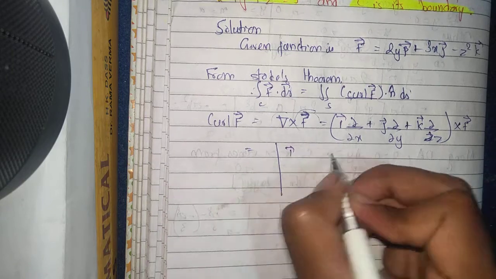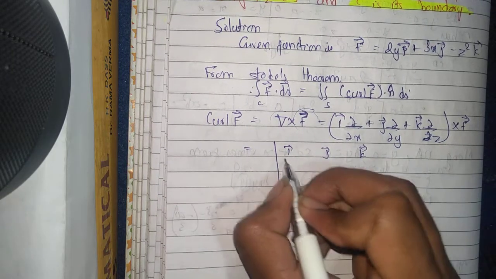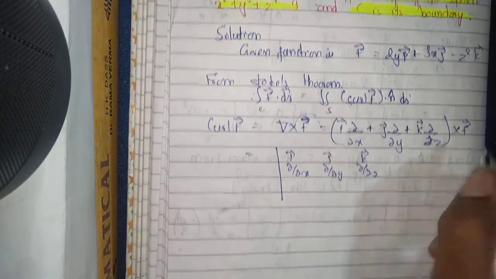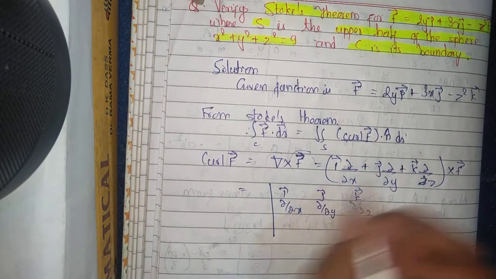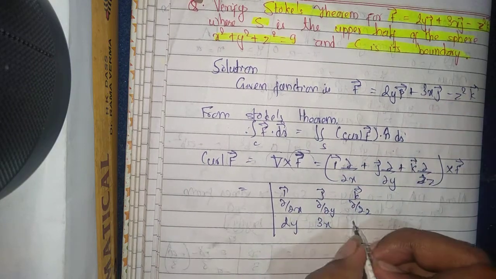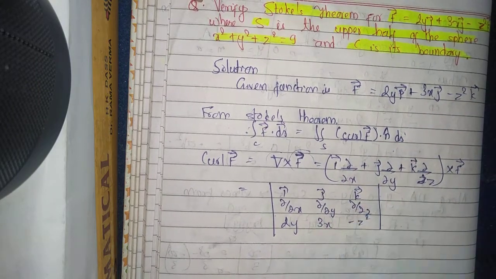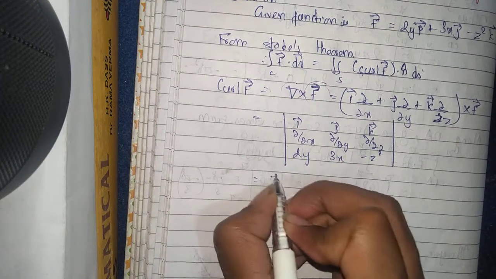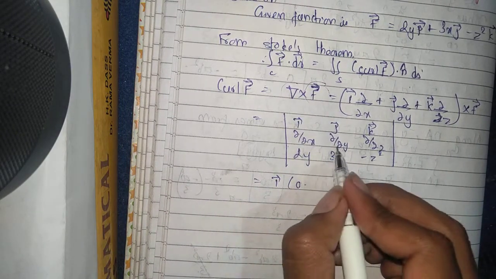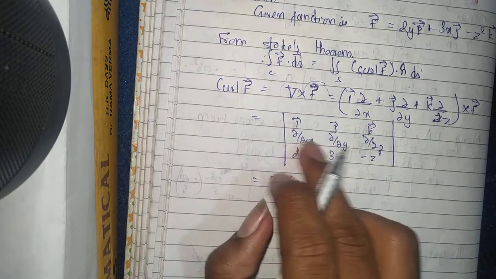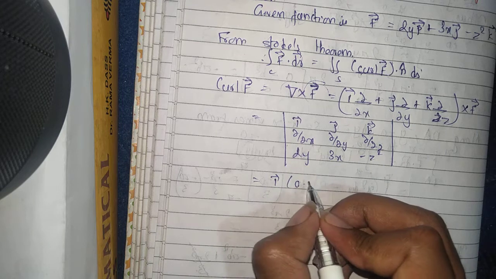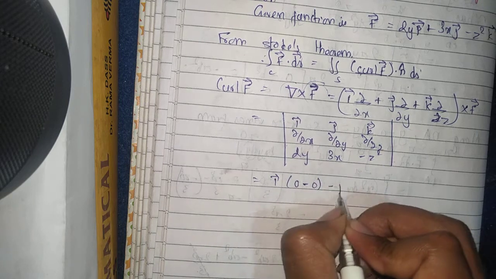We know that i j k vector, del by del x, del by del y, del by del z, and the value of f is along i vector 2y, along j vector 3x, and along k vector minus z square. Solving it we get i vector del by del x minus z square minus del by del y minus z minus del by del z 3x is minus 0, minus j vector.